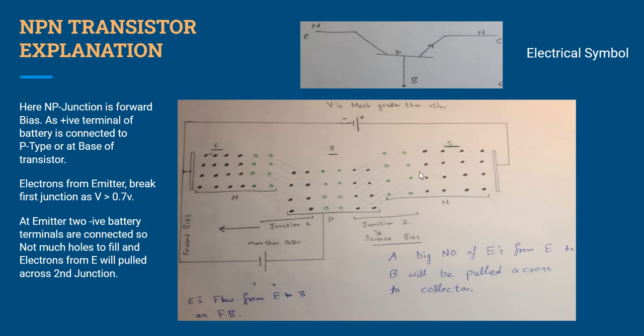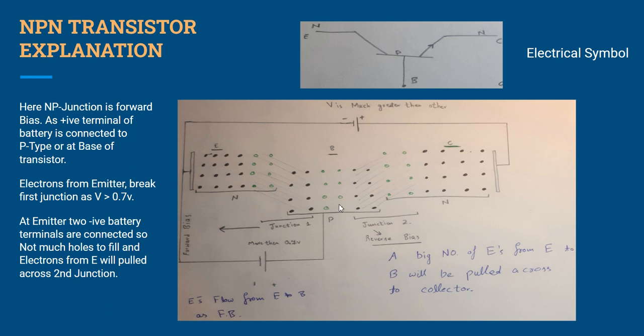So there is already a reverse bias junction, and this distance will become more, and it will be a big reverse bias, we can say, because we are having a big distance between this part and this part, because it is tightly going backward to this terminal. Now what will happen? As I already told you, this area has a big amount of electrons, and this thing is already moving.